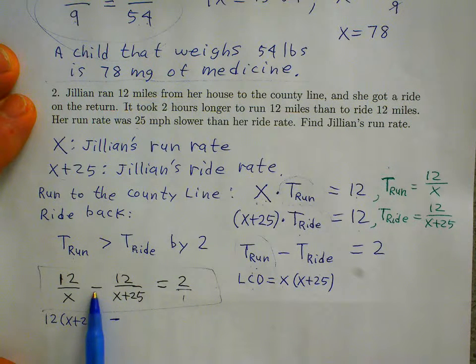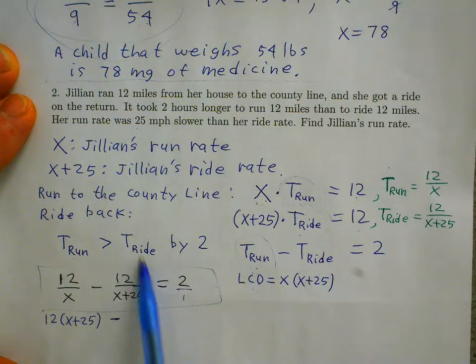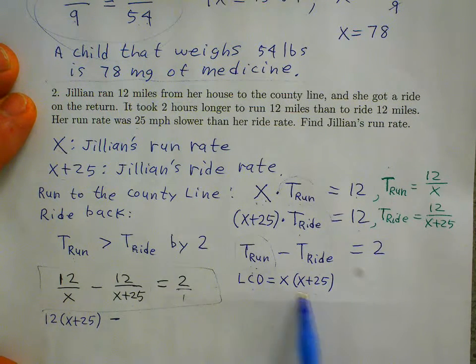And then be careful with the subtraction. We're going to multiply this term, 12 over x plus 25, by x times x plus 25. This time, the x plus 25s cancel. So we're just left with minus 12x.